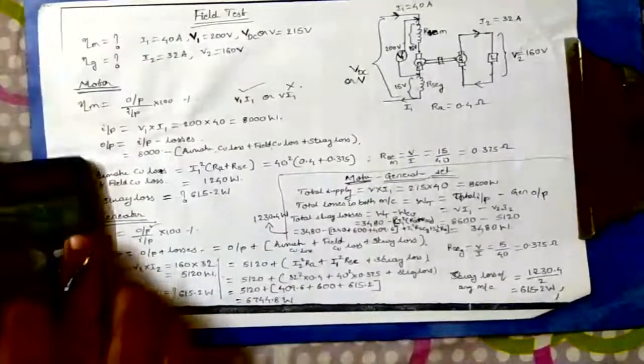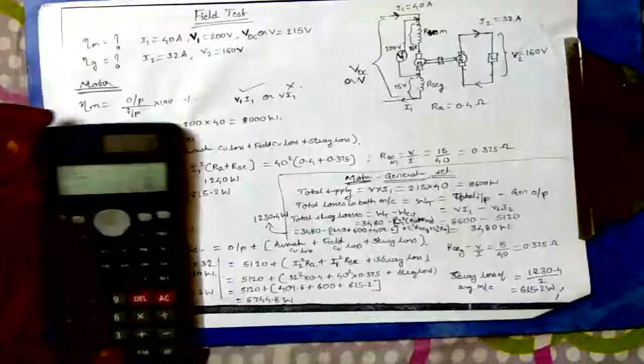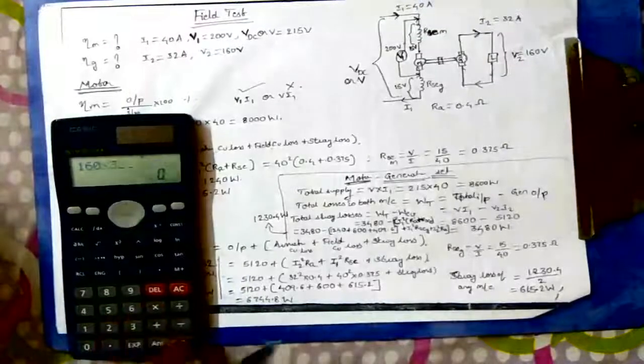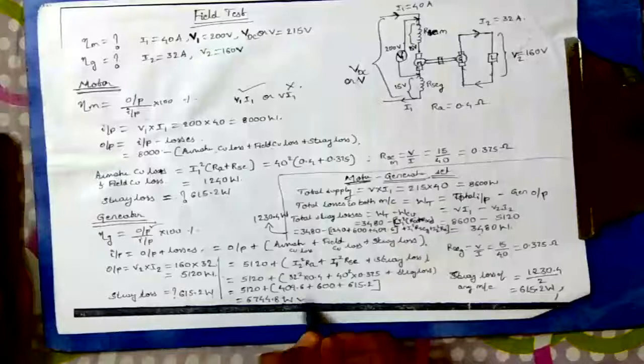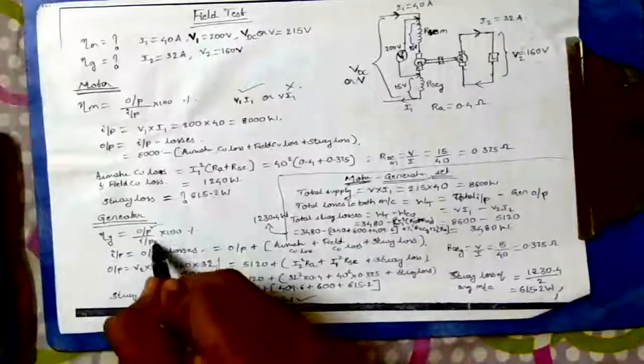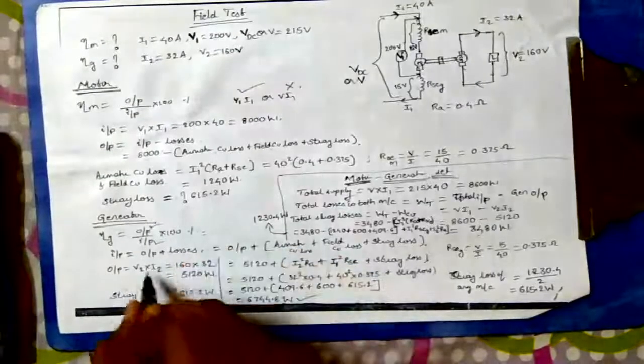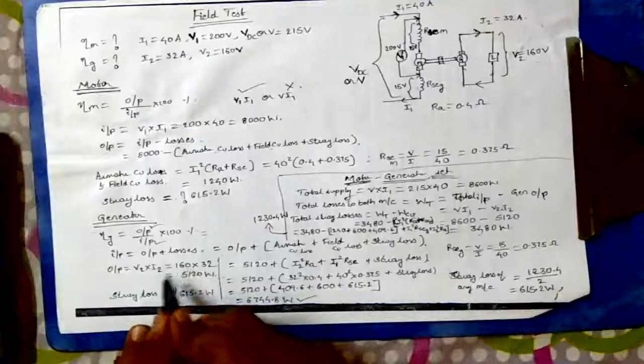Second, we see 160 into 32, which is 5120. So 6744.8 watts, this is fine. So input is done, and I shall divide one by the other. Now what is the output?